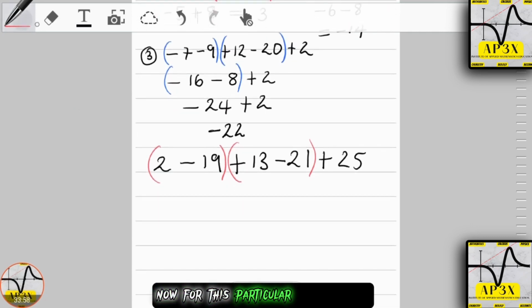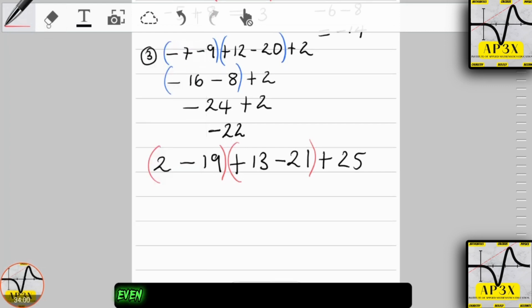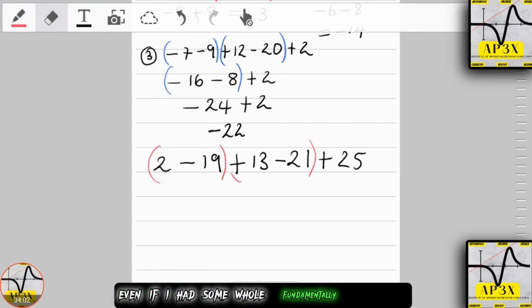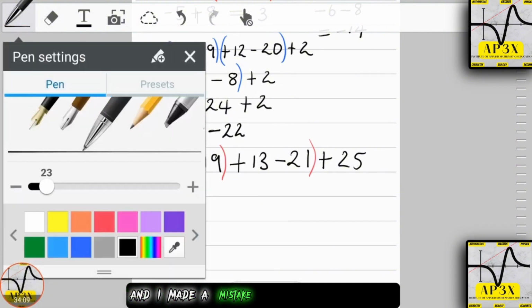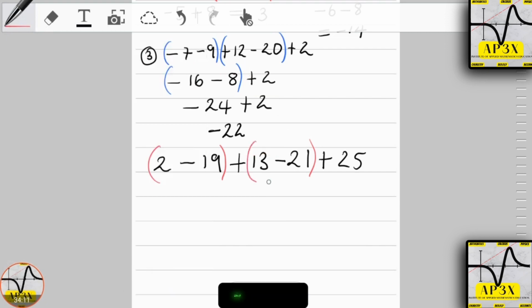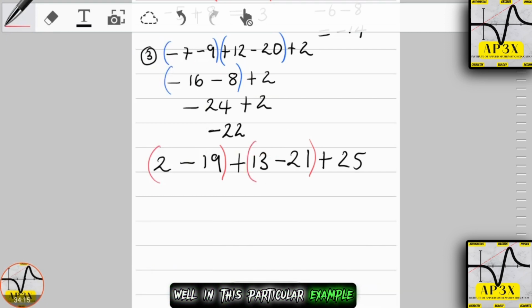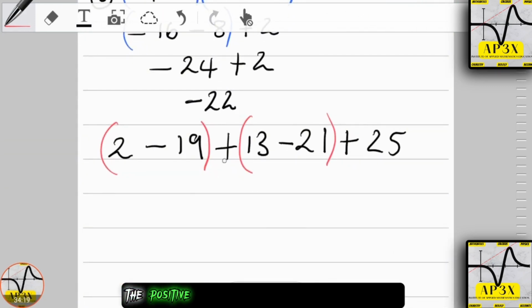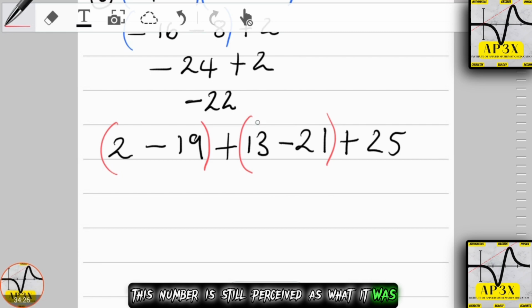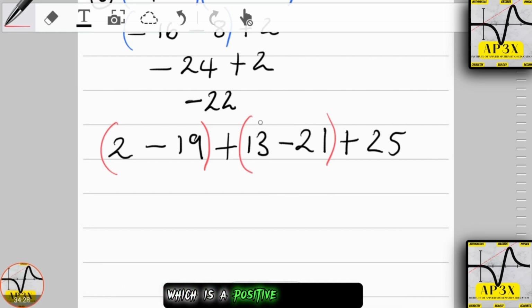Now for this particular example, even if I had somehow not been paying attention and made a mistake and grouped out this positive sign, my answer would not be affected, because this number is still perceived as what it was in the initial stage, which is a positive 13.